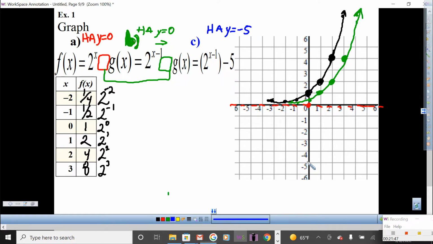So we go to -5, which is down here, and that's our horizontal asymptote. But notice, isn't this the same base as the parent function? Yes. That means we're going to take the parent function, which is this one in black, and move it according to what they tell us here. Where are we going to move all those points?